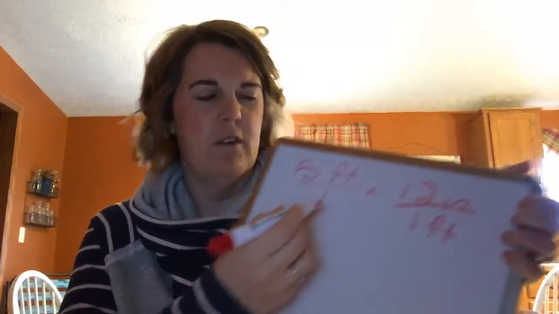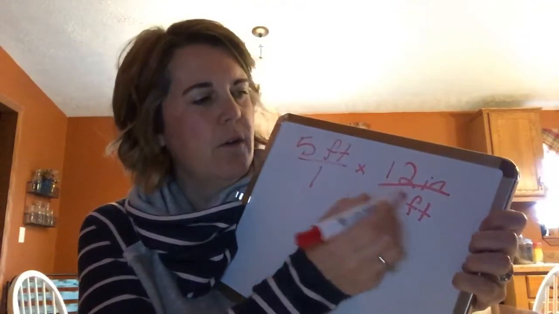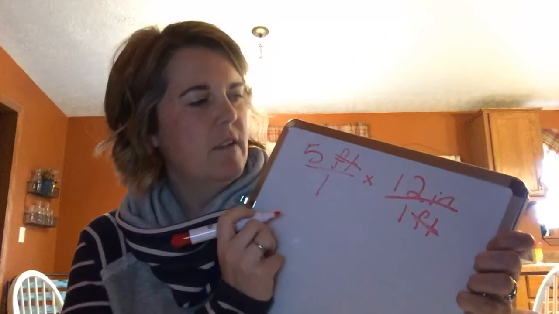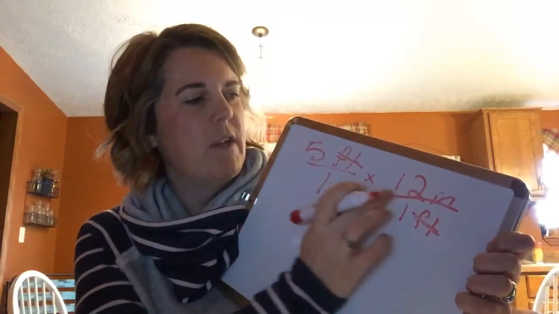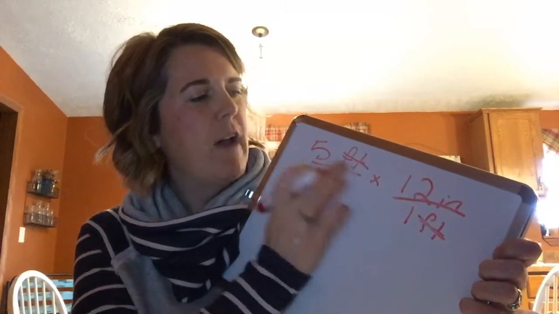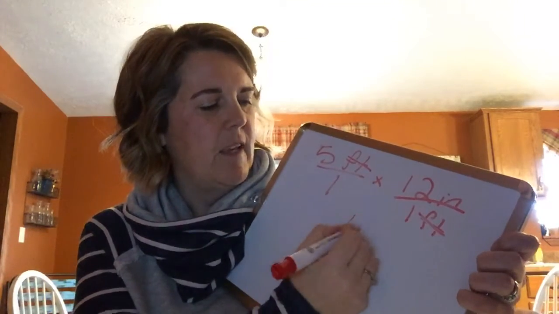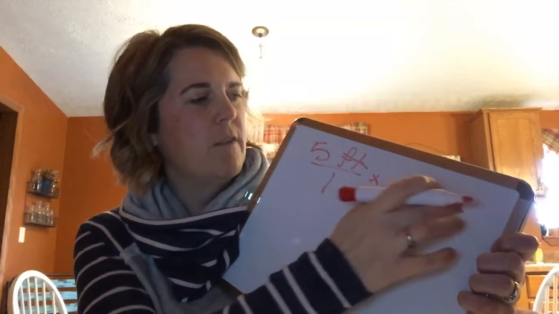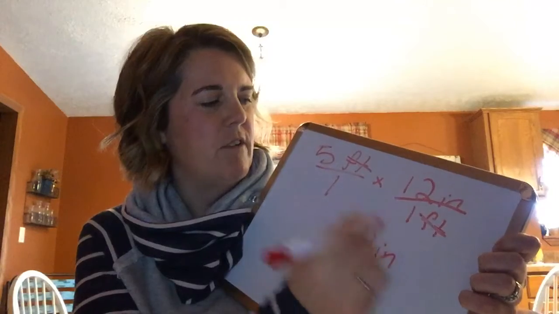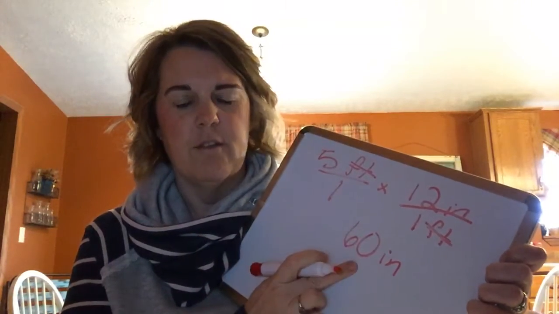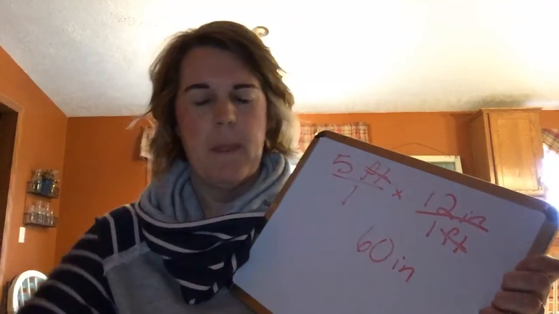Now, I see my feet are the same, so I can go feet and feet, and that's just going to leave 5 over 1 and 12 inches over 1. So 5 times 12 is 60, and feet are gone, so my only label left is inches, and it's all over 1. So my answer should be 60 inches. Okay?